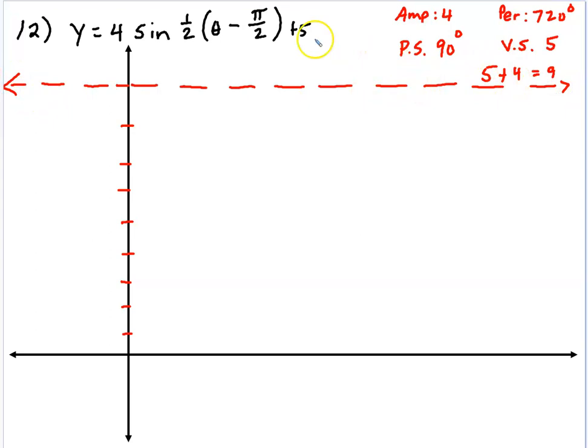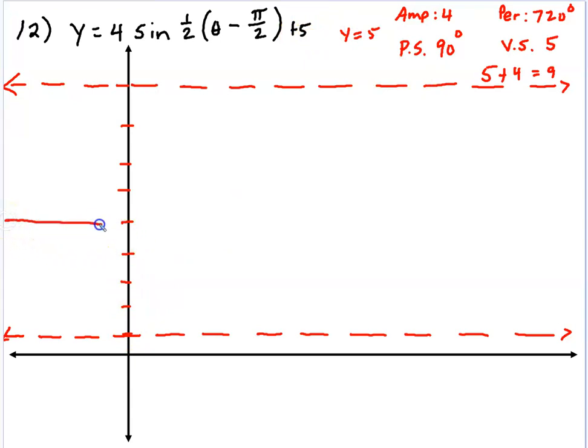And if you take that same K number and subtract 5 minus 4, you get 1. And that'll be the floor. Okay, and the equation for the midline is going to be y equals 5. So that's where our new theta axis is going to go.